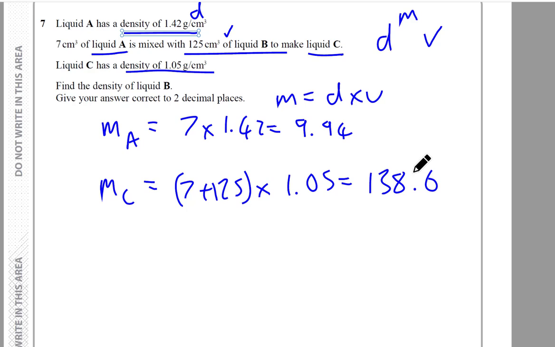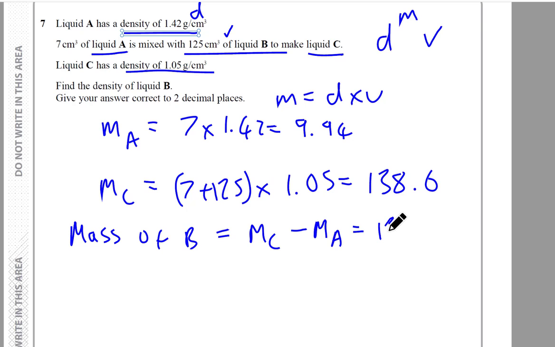So if you think about it, the mass of B must equal the mass of C minus the mass of A. Right, so that's going to be 138.6 minus 9.94.